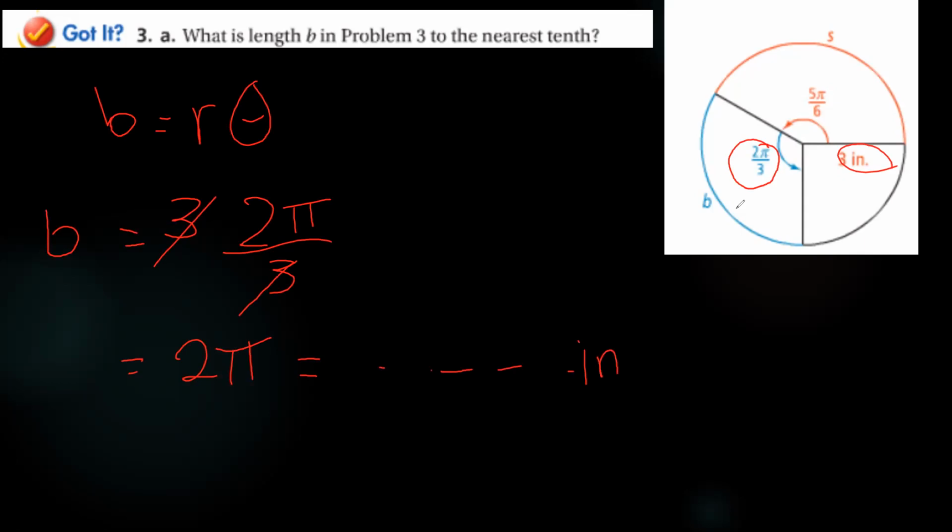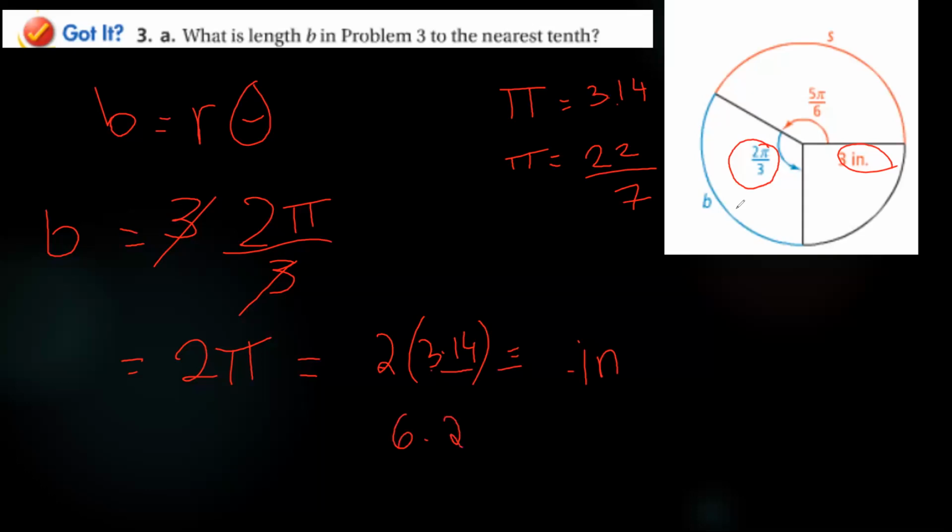As I told you, you have to keep it as a number, so you multiply 2 by the value of pi. All of us know that pi is 3.14 or 22/7. So you multiply by 3.14 to get the answer as 6.28 inches.